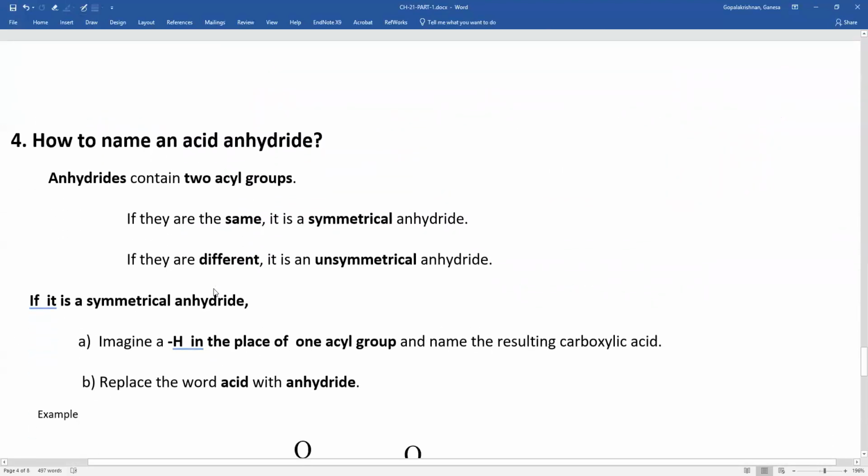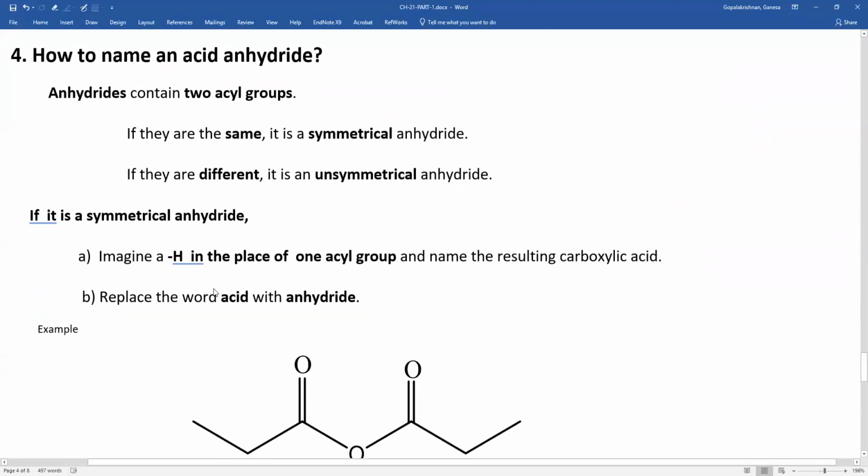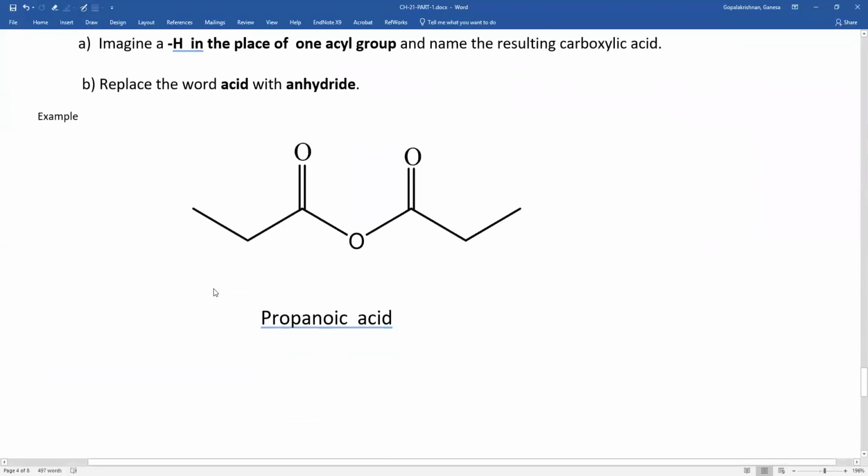How to name an acid anhydride? Anhydride contains 2 acyl groups. If they are the same, it is a symmetrical anhydride. Look at this one. Both the acyl groups contain 3 carbons. They are the same. So it is a symmetrical anhydride.